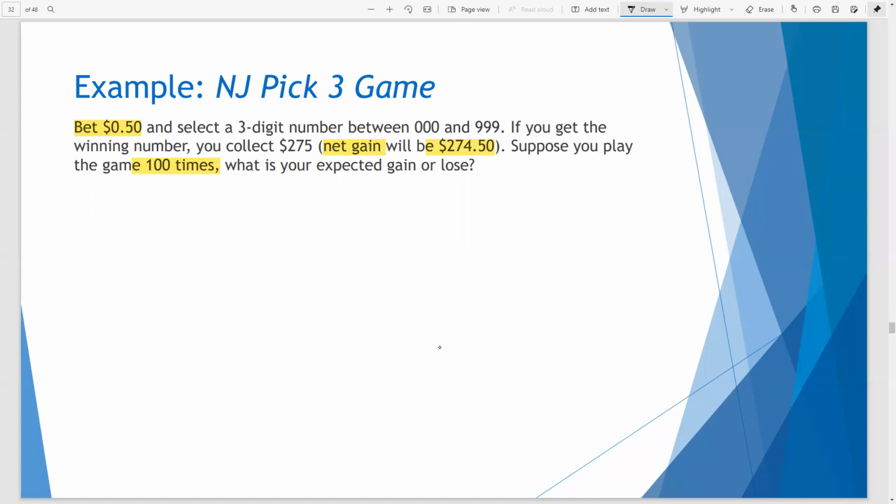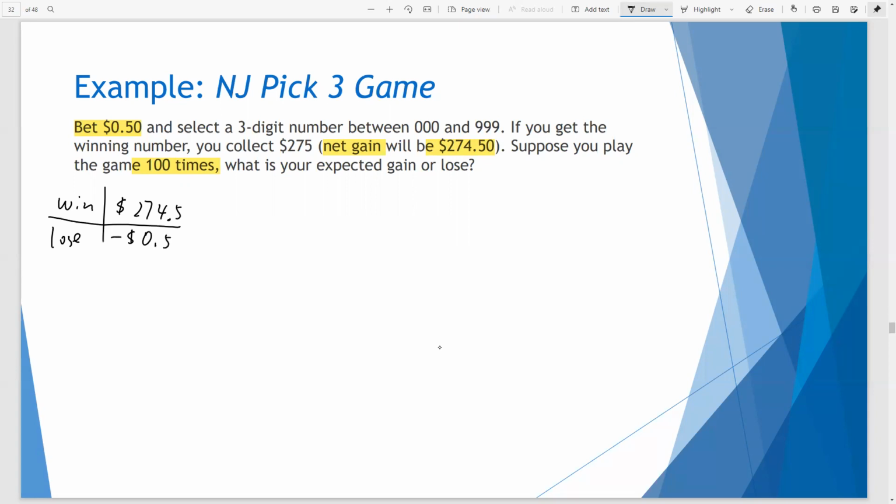If you want to build a table, winning or losing, there are 1,000 numbers and one winning number. Not the probability yet. Win or lose, we get the money: to win is $274.50 of net gain, and to lose is 50 cents.